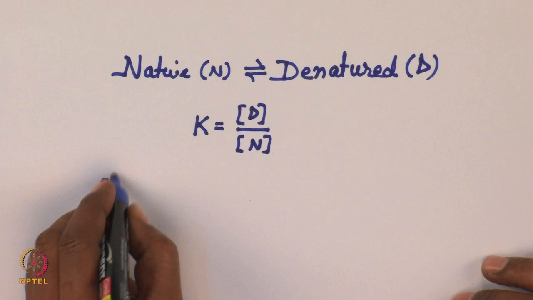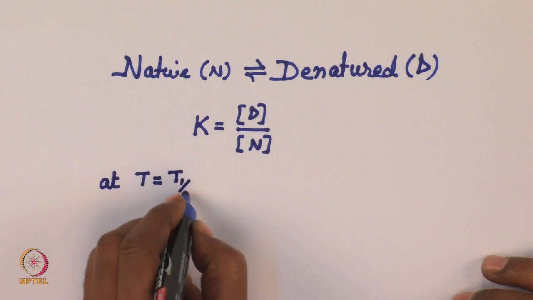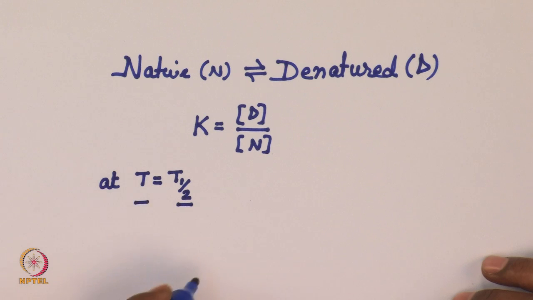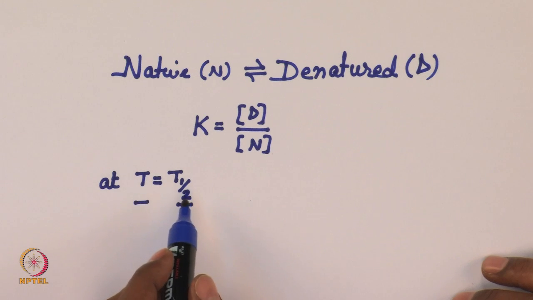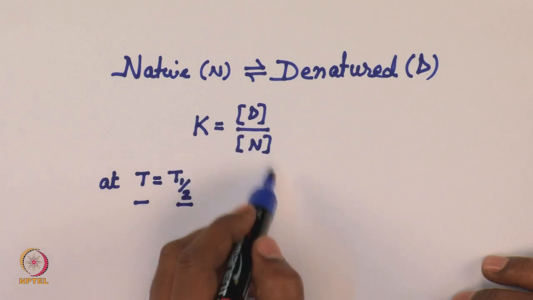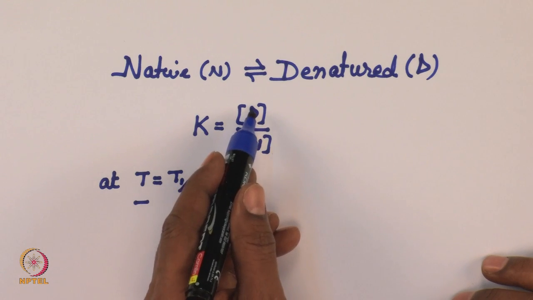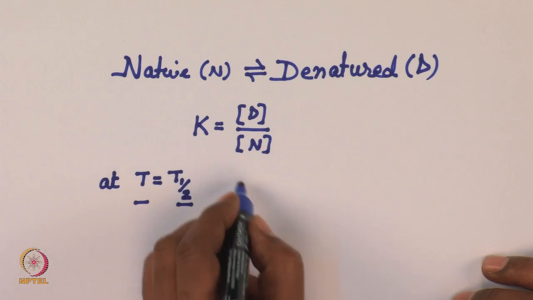Now, at T equal to T half, that is where the reaction is half complete, both these concentrations will be the same. Concentration of D will be N by 2, this will be N by 2.